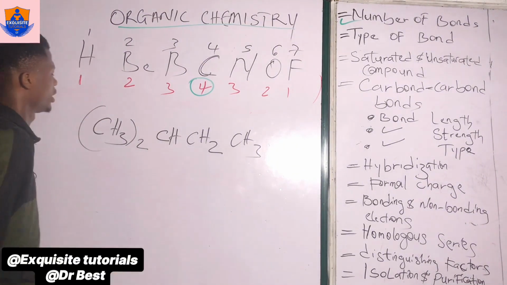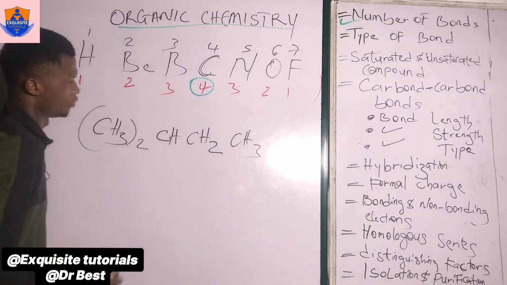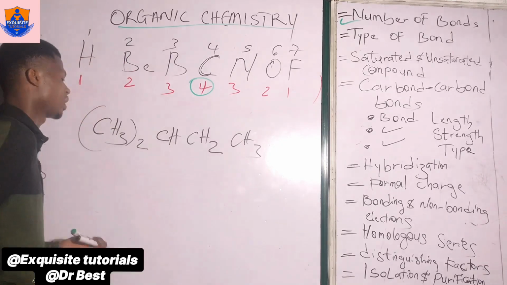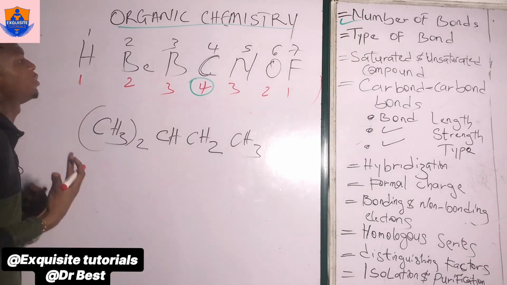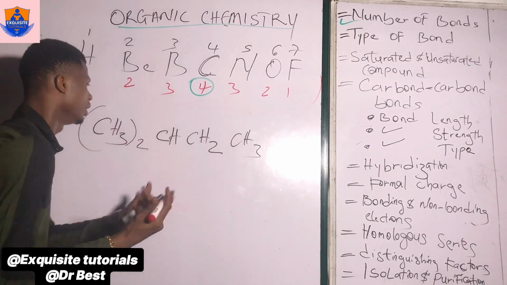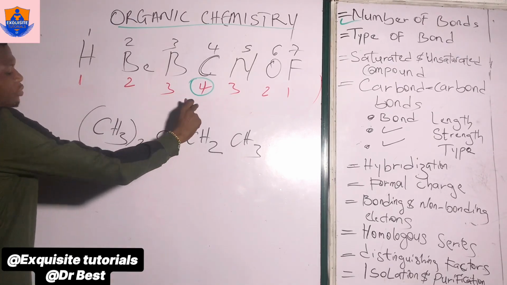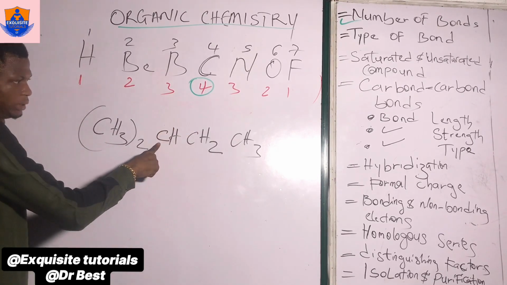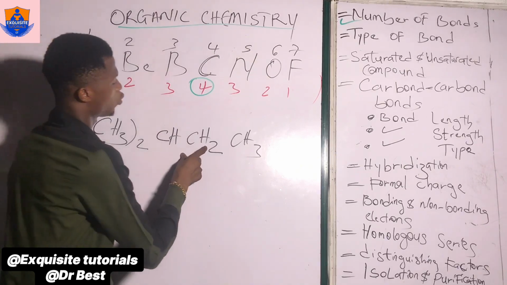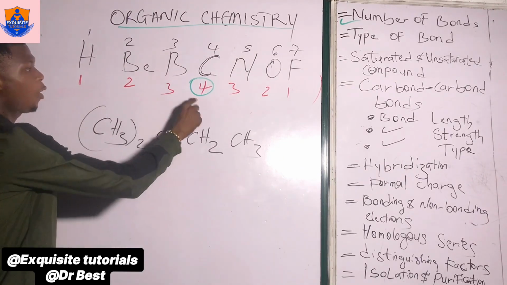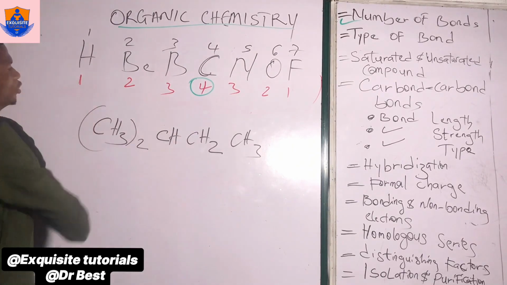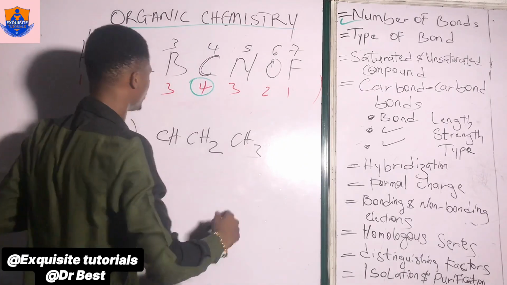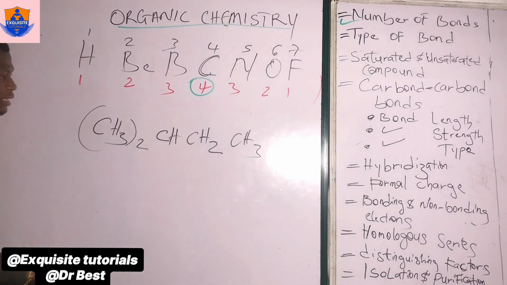How do you write the structure of this compound? We're going to start with a full idea that carbon accepts 4 bonds and hydrogen accepts 1 bond. This will help you to arrange this correctly.